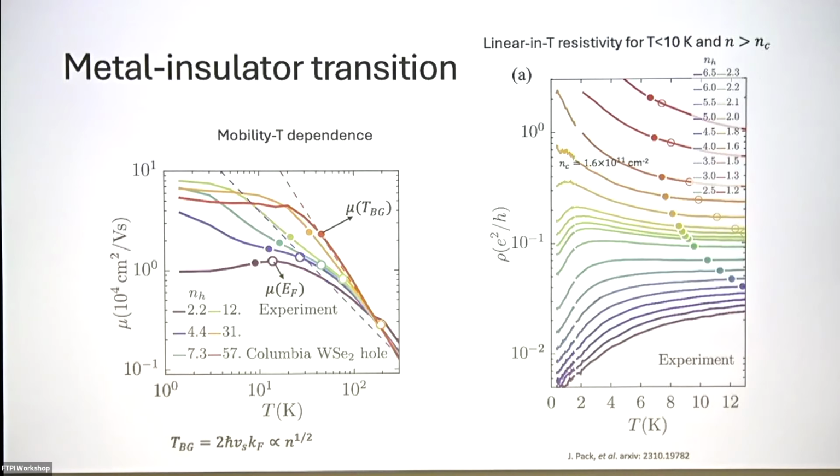They see that the derivative of resistivity as a function of temperature changes sign at roughly density equal to 1.6 times 10 to the 11. They claim this is their critical density, and because at this density rs is roughly equal to 30, they think it's probably a Wigner crystal transition.